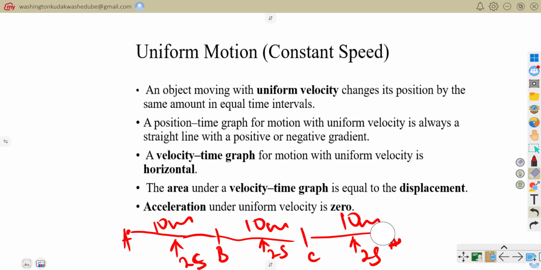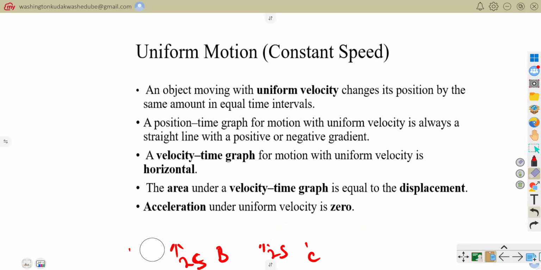So when we are representing our uniform motion using velocity time graphs, you would see that the velocity time graph for motion with uniform velocity would be a horizontal graph because the velocity is constant. But if you are looking at a position time graph, your motion being of uniform velocity, it will always be a straight line.